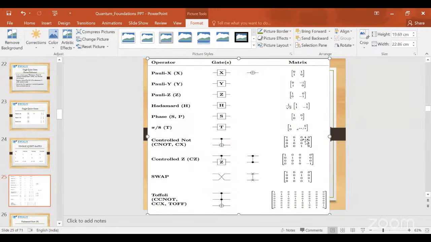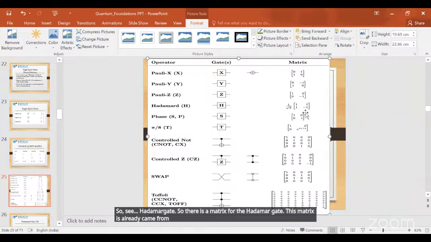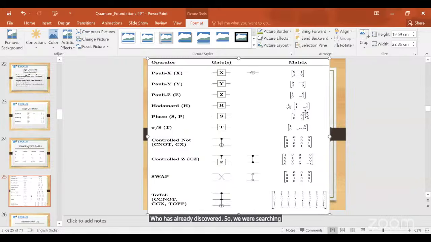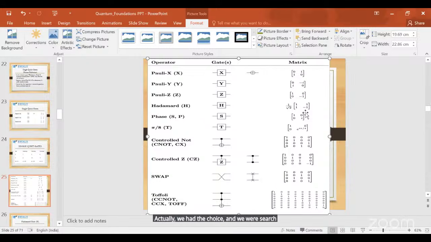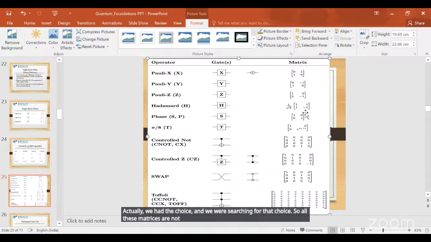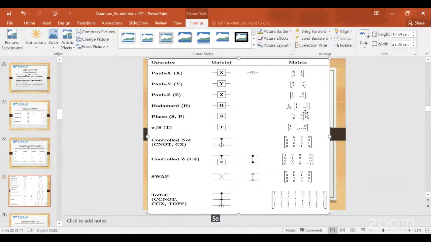So see, the Hadamard gate. There is a matrix for the Hadamard gate. This matrix was already discovered by a mathematician. We had the choice, and we were searching for that choice. All these matrices are not coming randomly; they are our choice.